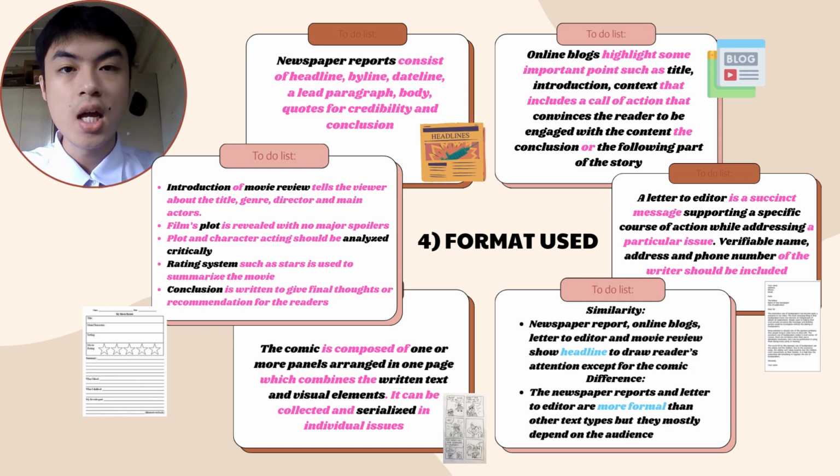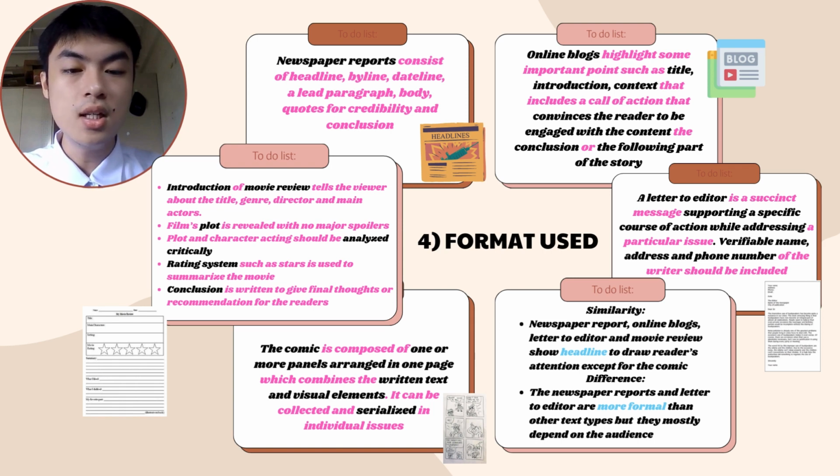Last but not least, a comic is composed of one or more panels arranged on a page, which combines written text and visual elements. It can be collected and serialized in individual issues. We do have some similarities and differences to compare and contrast the format used by these five text types.